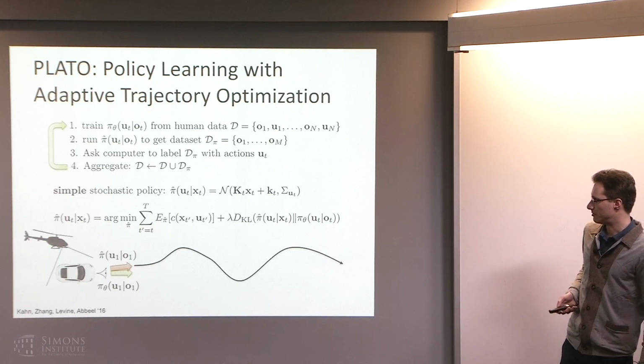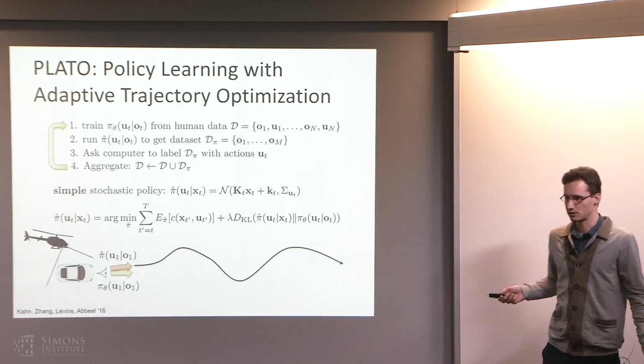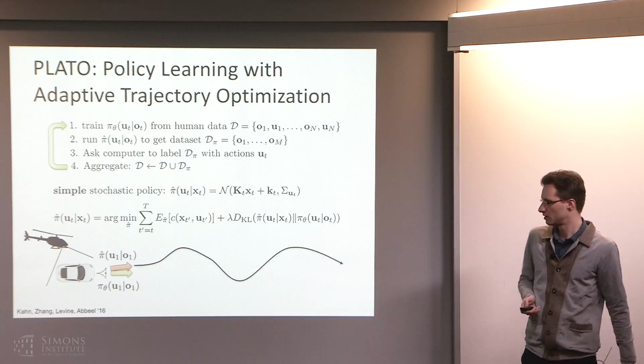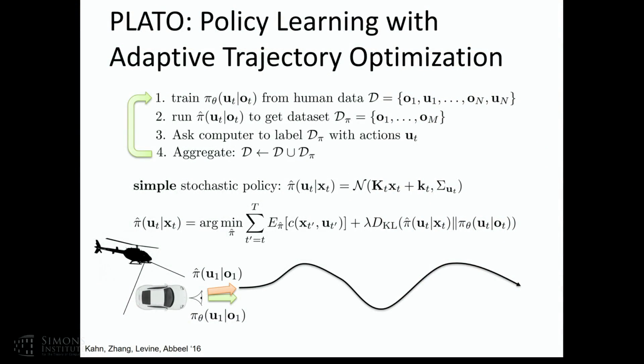Okay, so that means that you need some way to obtain your state when you're actually training this thing. So you might have some external observer. Maybe there's a helicopter tracking your car, or maybe if you're learning to fly a quadrotor, maybe that quadrotor is flying in a mocap system, which we typically do anyway. So we assume we have some way to get an external observation of the system at training time so that you can actually solve this optimal control problem with respect to states.